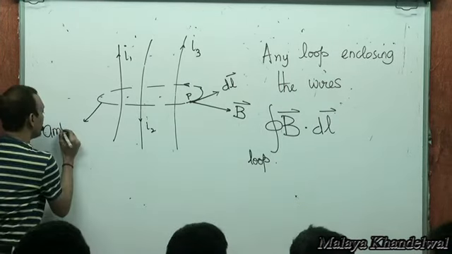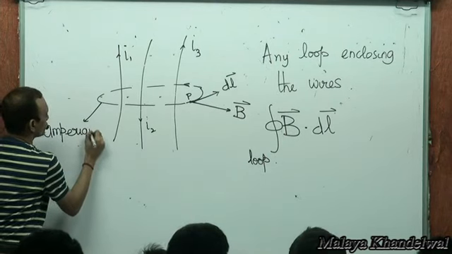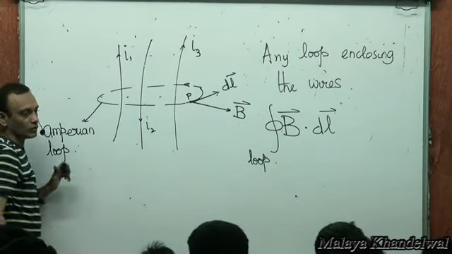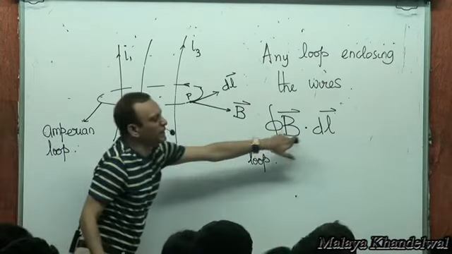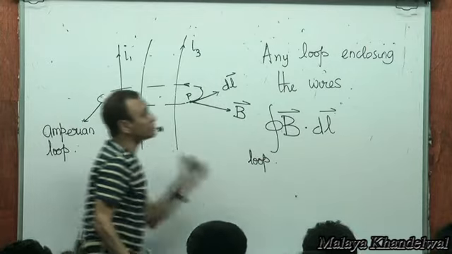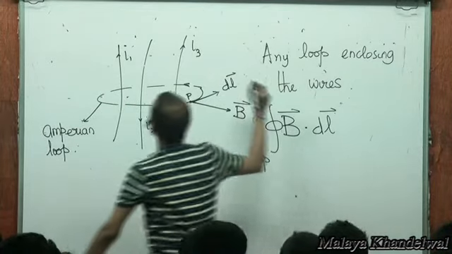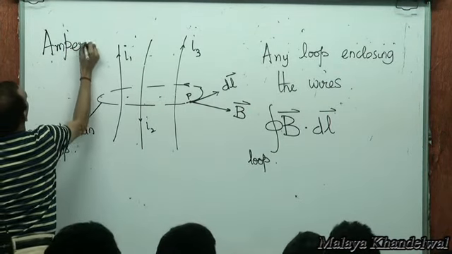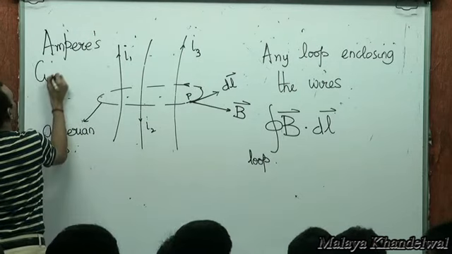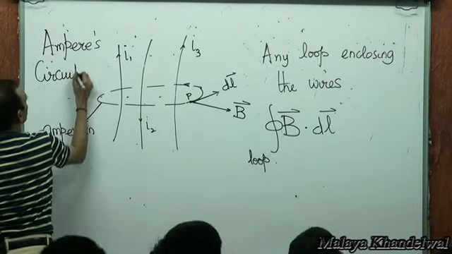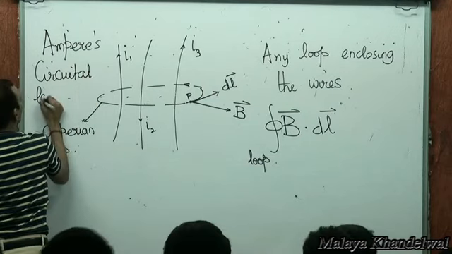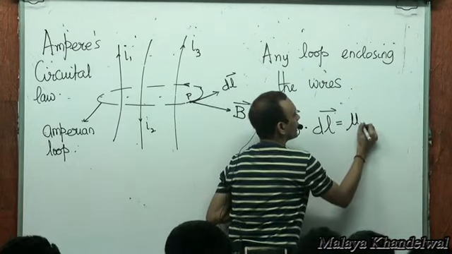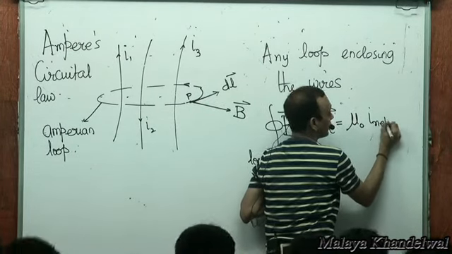This loop is called an Amperian loop. For this Amperian loop, I do a B dot dl, and that from what's called Ampere's circuital law is going to be mu naught times I net enclosed.